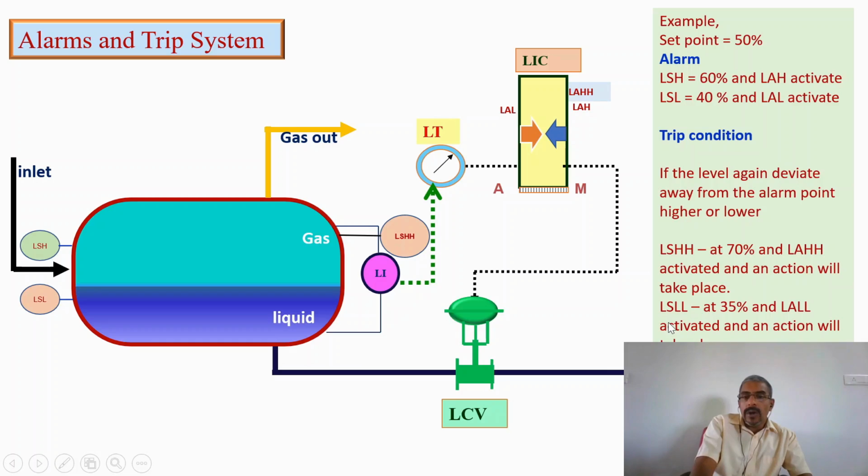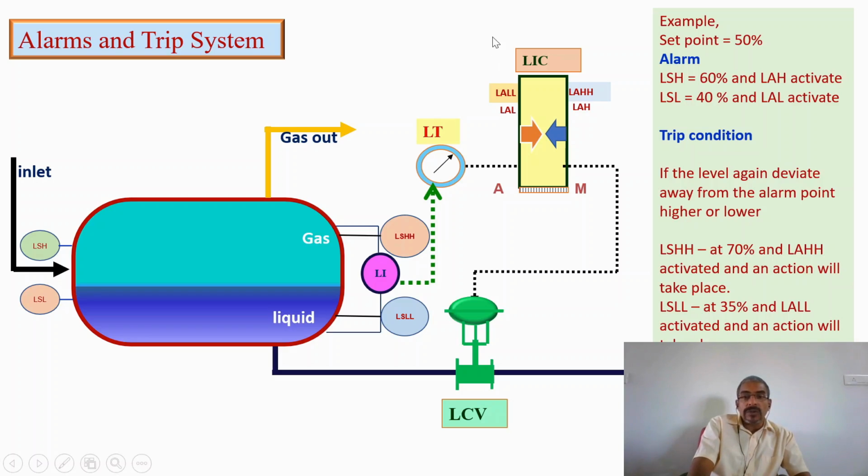Another example is the level switch low. For the level switch low, I have given the example of 35 percent level. It will vary according to the situation of each operating condition. So what will happen with this level switch low? See, when the level switch low, a physical switch, is activated, immediately the level alarm low is activated.